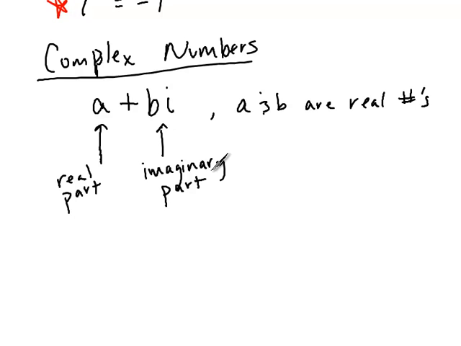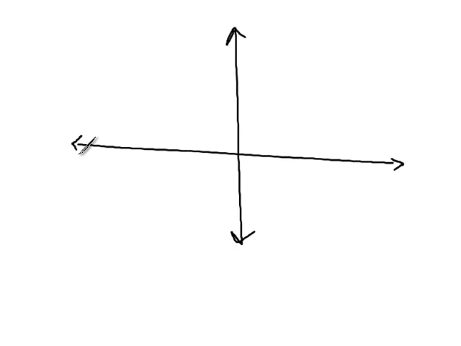And then we like to define, just like we graph equations in the real number system, where we have the x and y axis, we can graph complex numbers. We have the same sort of looking coordinate system, but we call this the real axis and we call this the imaginary axis. Okay?